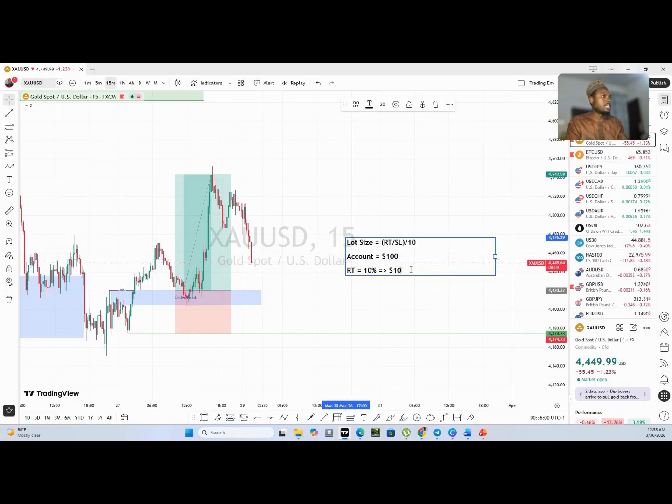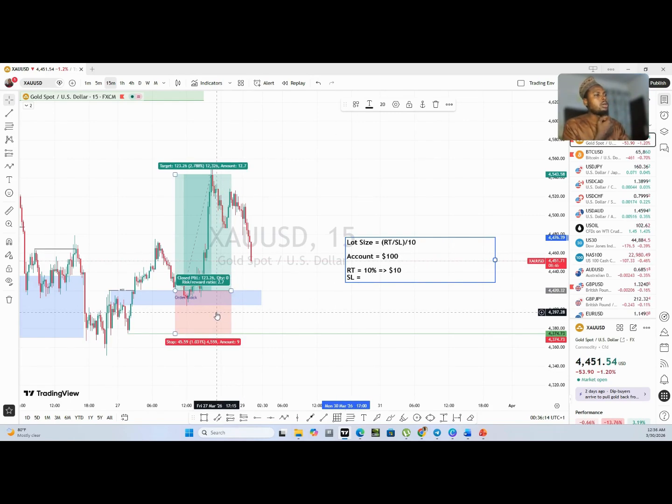Then the second one is stop loss, SL, in pips. So how am I going to get my stop loss in pips? This is my stop loss in pips. So you will get your stop loss from here to here. This is my stop loss.